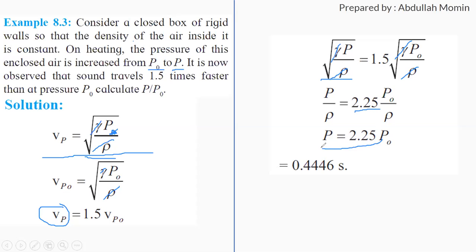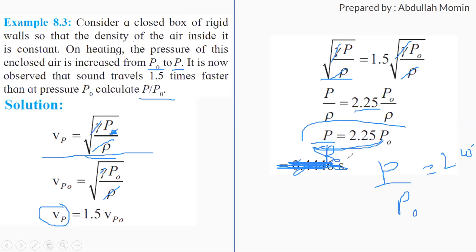We are supposed to find the ratio of P by P naught. P naught comes to the other side and gets divided with P. So P by P naught is 2.25. This is your answer.